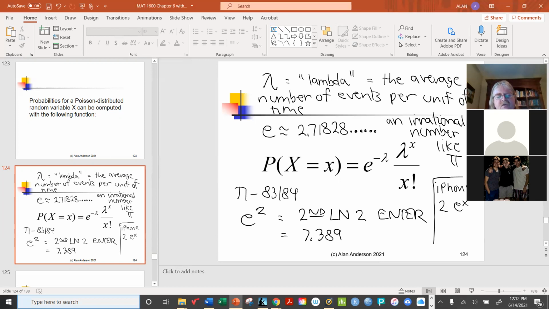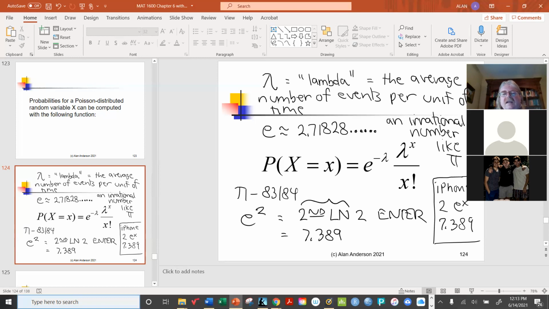You would hit the 2 first and then e to the x. The interesting thing about calculators is that they're all slightly different. You have to get used to them. And if you don't know these things, well, a test is not the right time to find these things out.